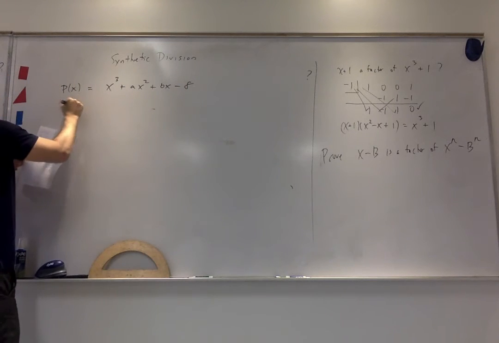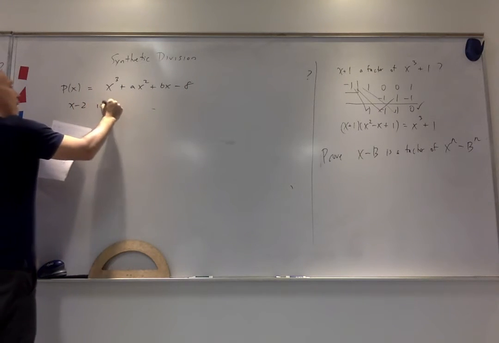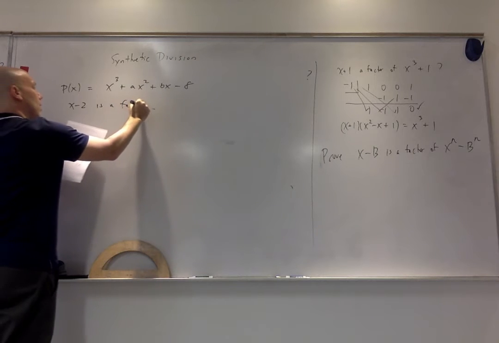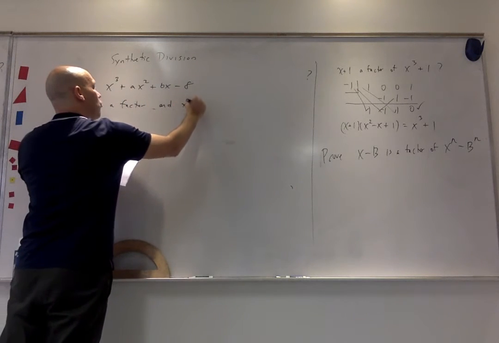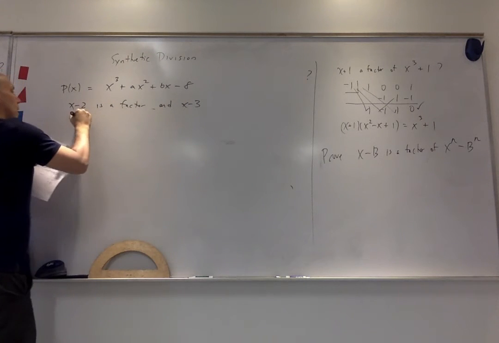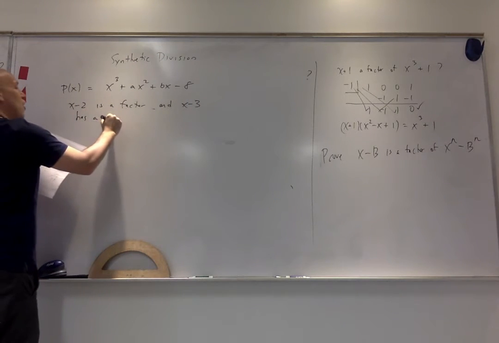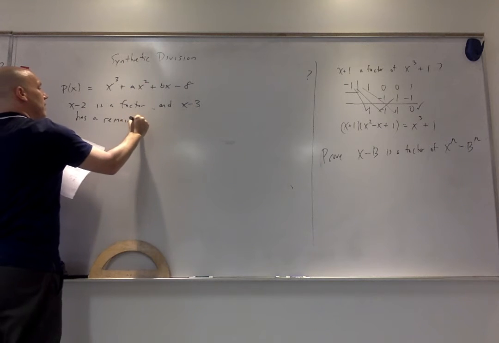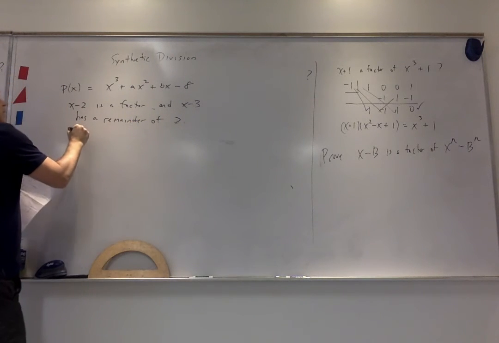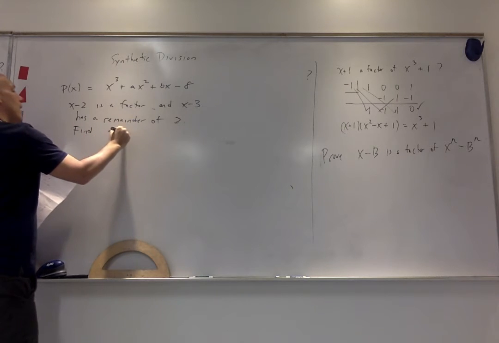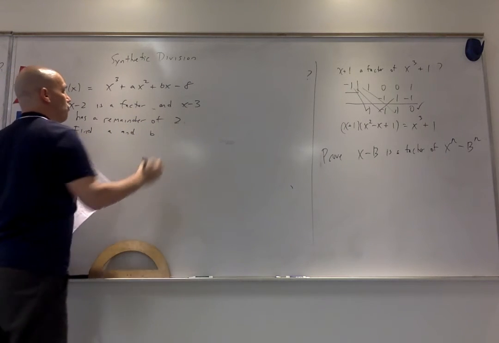And we're told that x minus 2 is a factor, and x minus 3 has a remainder of 2. Find a and b.